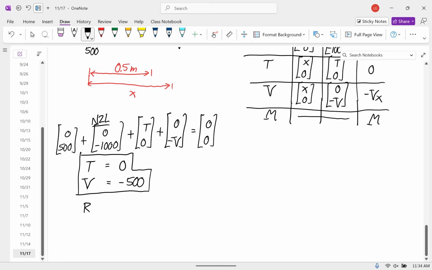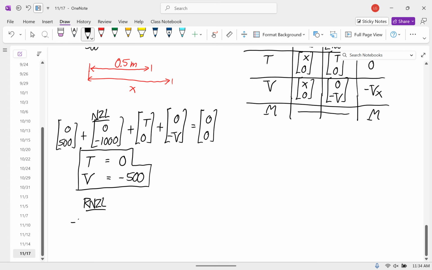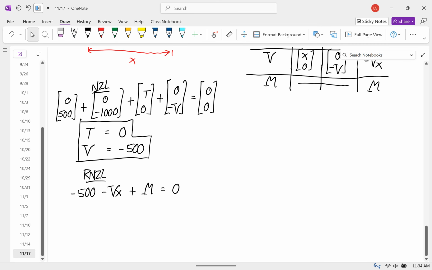And now the moment equation. So we have negative 500 minus Vx plus m is equal to 0. So m is equal to positive Vx plus 500.